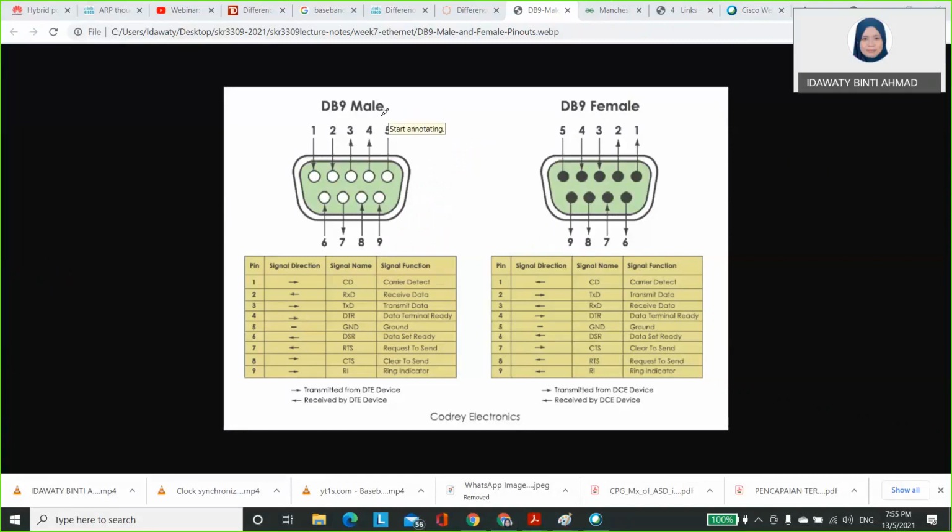When you use this serial cable, you must use it in a pair of male and female. Normally, this is used in DTE and DCE, so I hope you know what this is. Basically, you can see that every pin has its own function.